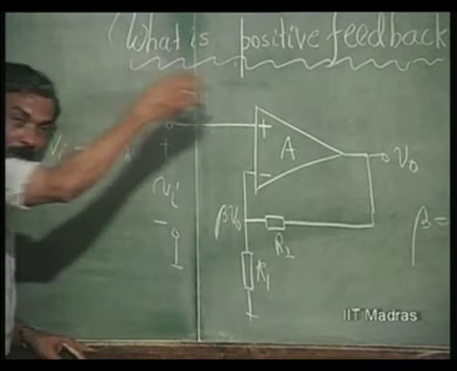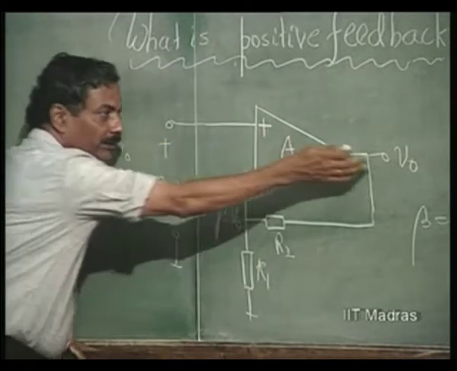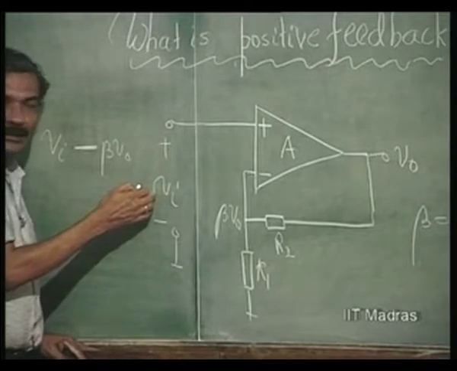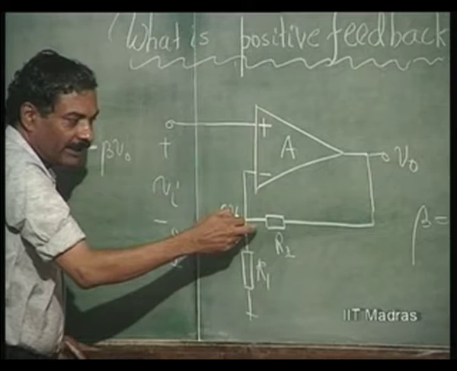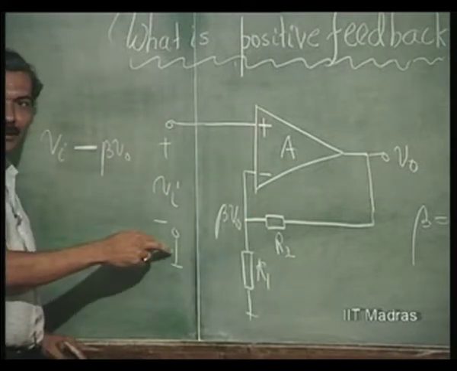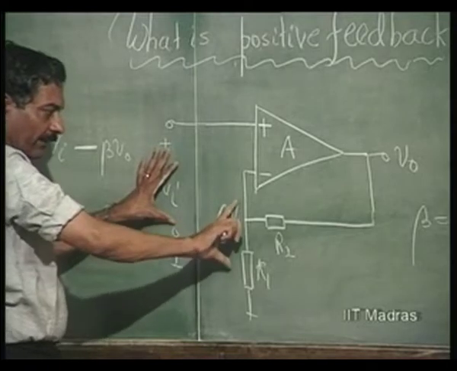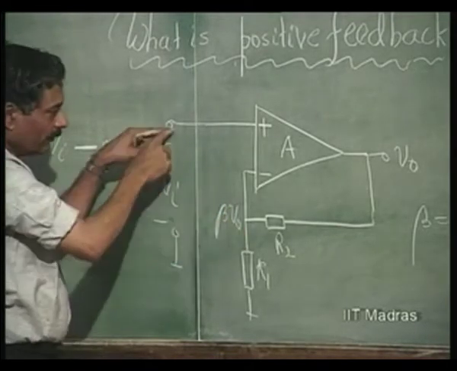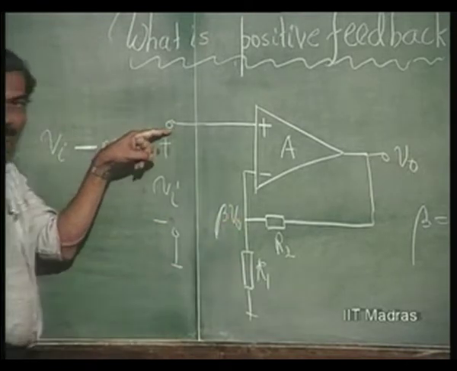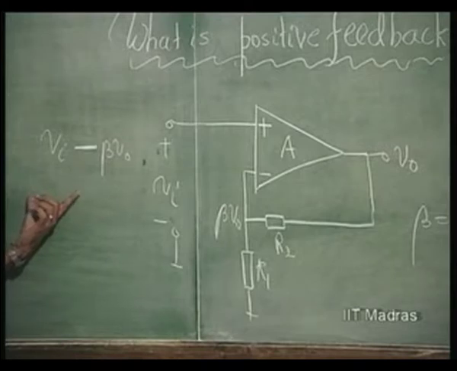That means output voltage is fed back. V naught is going to be in phase with Vi, because it is applied to plus. So, beta V naught is in phase with Vi. They are both in phase voltages. So, Vi minus beta V naught means this beta V naught is opposing the original input.